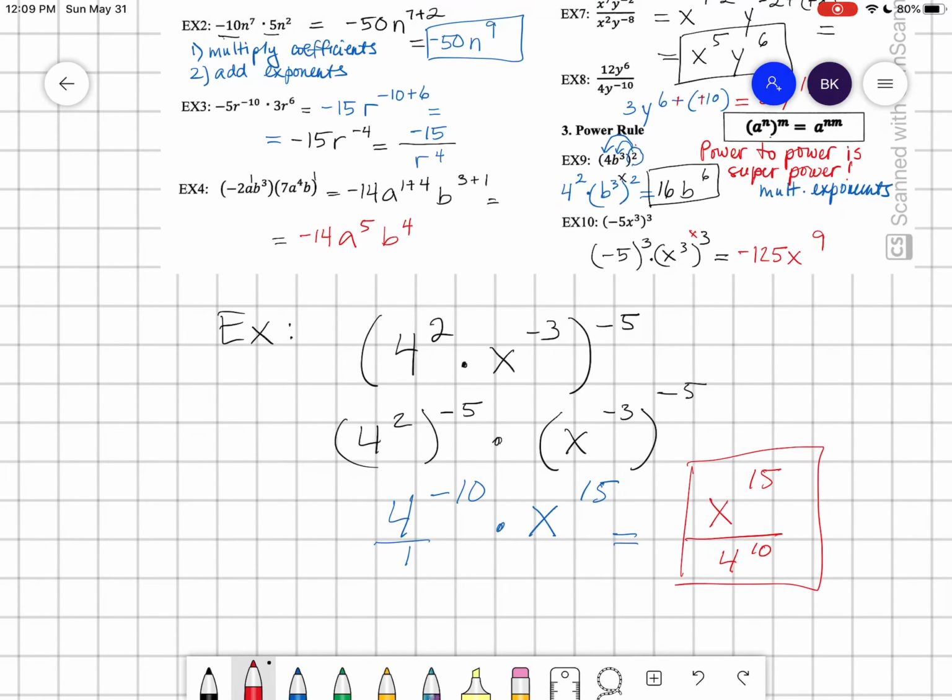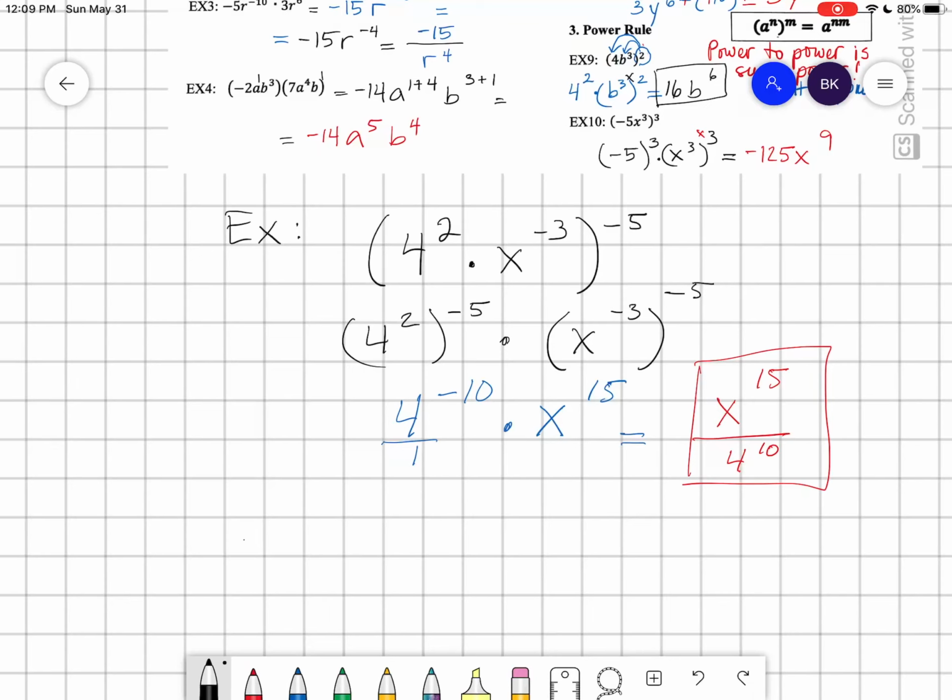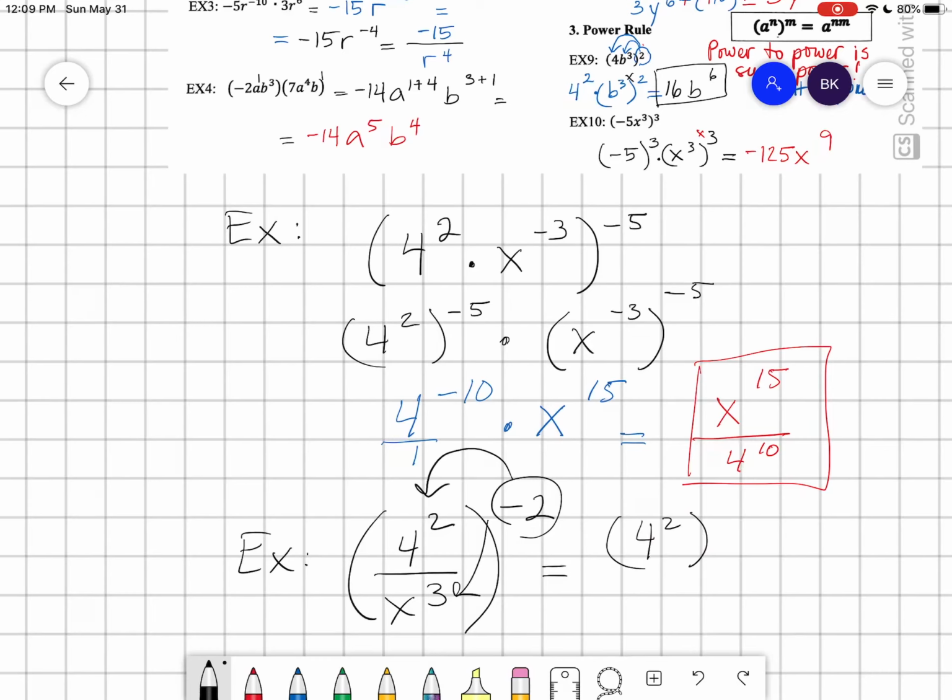Okay, last example. Let's take a look at quotients. So it would be 4 to the 2nd power over x to the 3rd power, and everything is raised to the negative 2nd power. Okay, so again, remember this exponent applies to top and bottom of this fraction. So it would be 4 to the 2nd to the negative 2nd over x to the 3rd raised to the negative 2nd power.